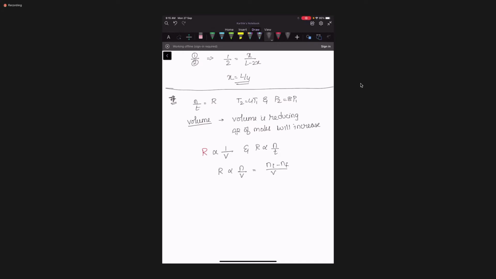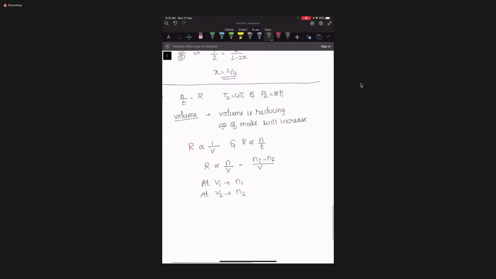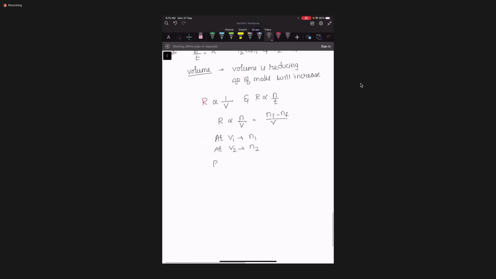Clear? So V1 with N1, V2 with N2. Now use P1 V1 divided by N1 T1 is equal to P2 V2 divided by N2 T2.